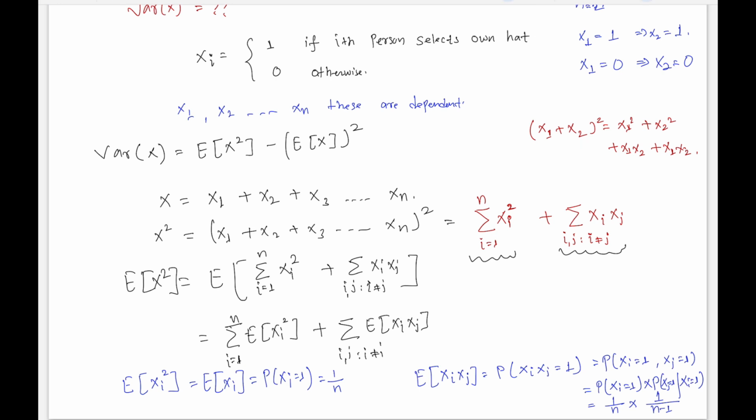And we have just found this for one term, right? All those terms have the same expectation. So the expectation of this random variable xi square will be 1 divided by n, and the expectation of xi xj will be this other value, similarly for all the terms from 1 to n, right?